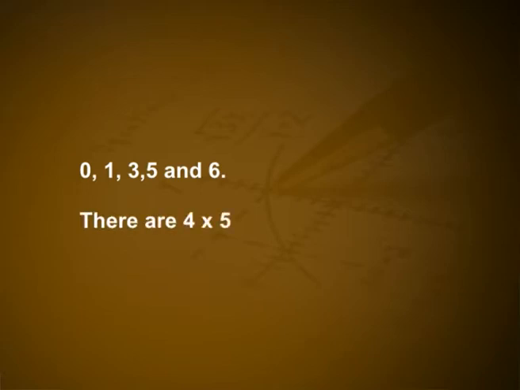Next example, consider the random experiment of forming 3-digit numbers using the digits 0, 1, 3, 5 and 6. There are 4 × 5 × 5 equals 100 outcomes. The event of getting an odd number has 4 × 5 × 3 equals 60 outcomes and its probability is 60/100 equals 0.6.